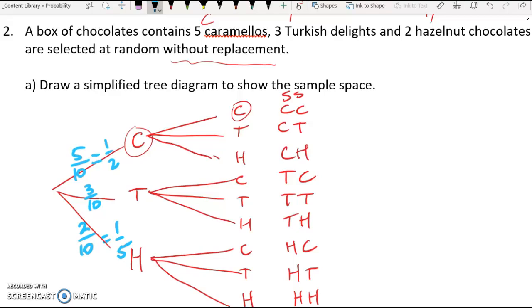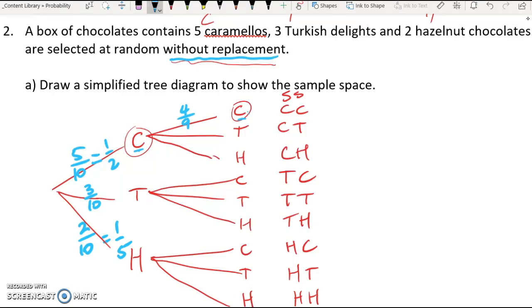After that, let's go and do the selection of getting a caramello after we've chosen a caramello. Now this is where that without replacement becomes really important. If we've already selected a caramello, the number of caramellos left in the packet are 4, and the total number of chocolates is 9. So it's a 4 out of 9 chance on the second pick of getting a caramello if you already got a caramello on the first one.